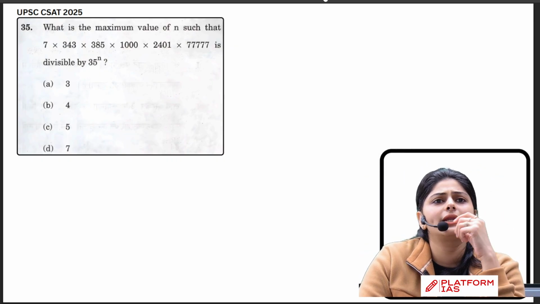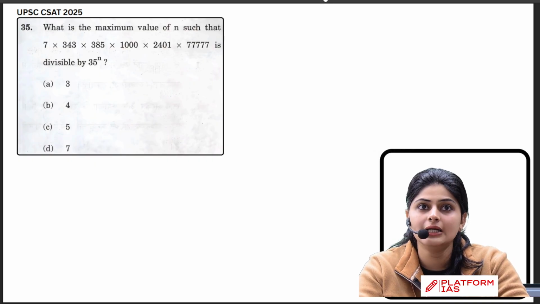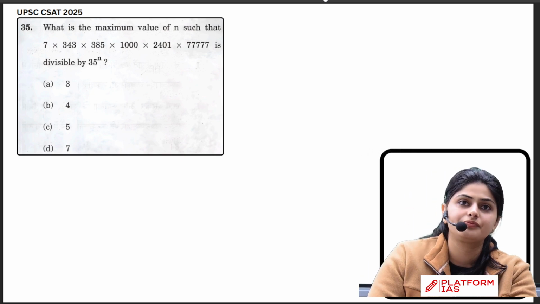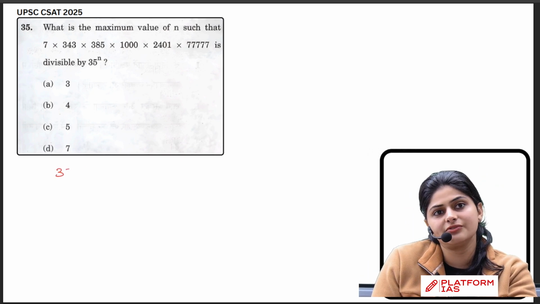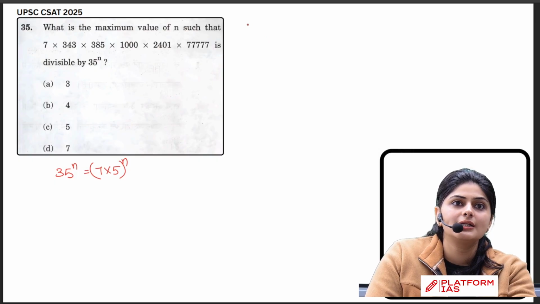Okay, so the next question is, what is the maximum value of n such that the given product is divisible by 35 to the power n? Now first of all, 35 to the power n is nothing but 7 and 5 to the power n. So the product is given as this.